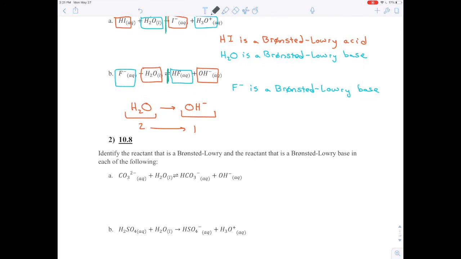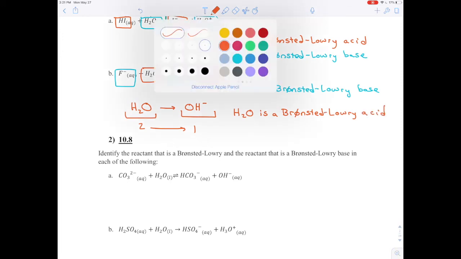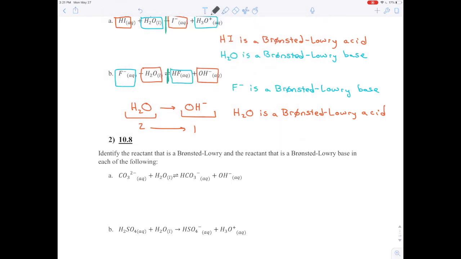So, what you would write is that H2O here is a Bronsted-Lowry acid. Now notice how whether something is an acid or a base depends on what reaction it's in.